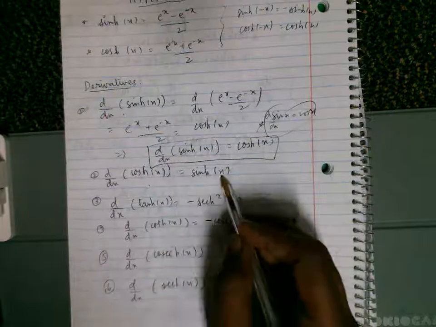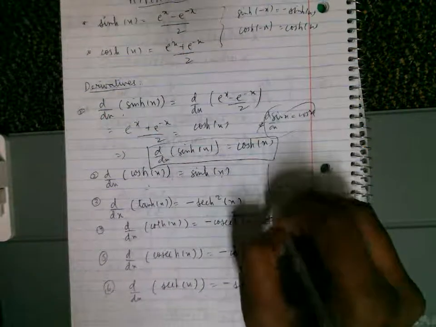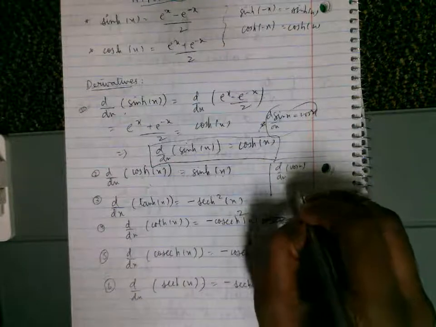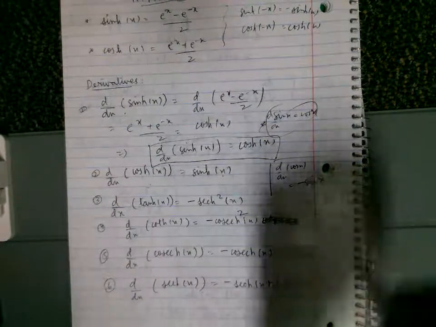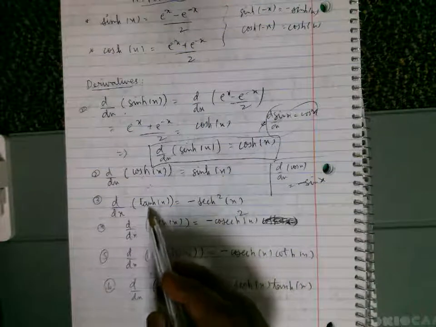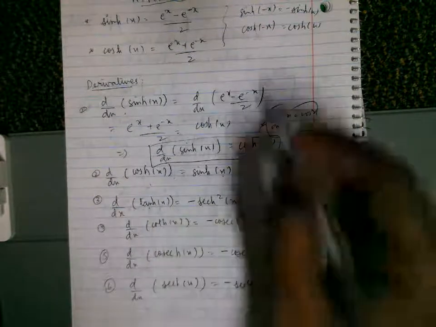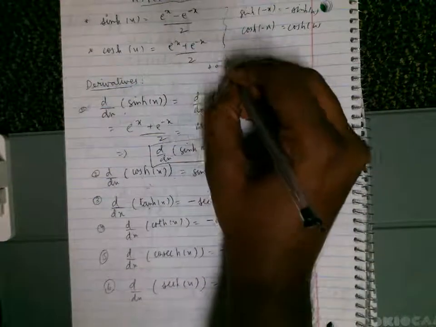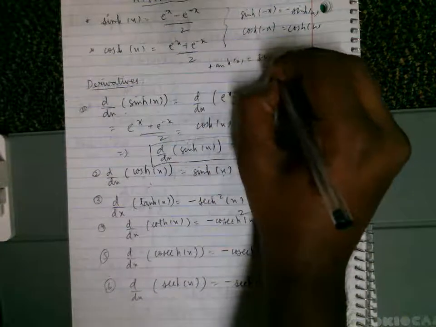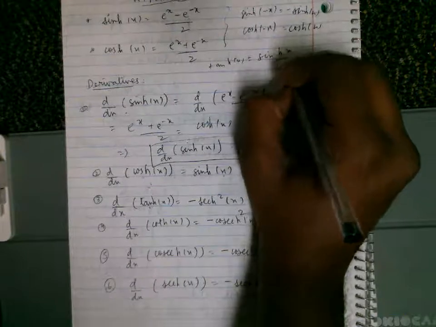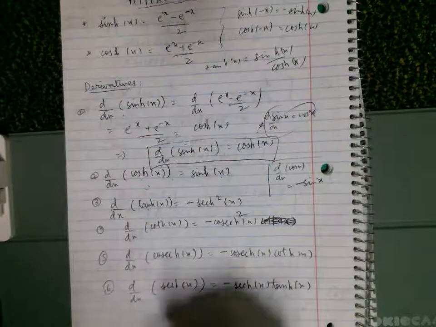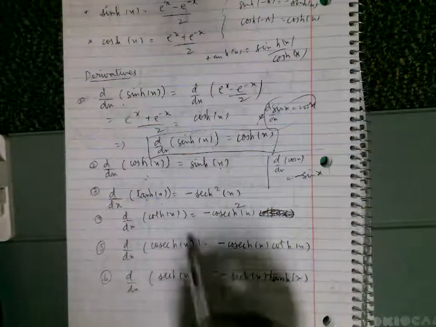You can see that the derivative of cosh is sinh. However, in trigonometric functions, the derivative of cos x is minus sin x. So that's one difference. Similarly, you can define tanh, which is just the ratio of sinh by cosh. And similarly coth, cosech and sech.